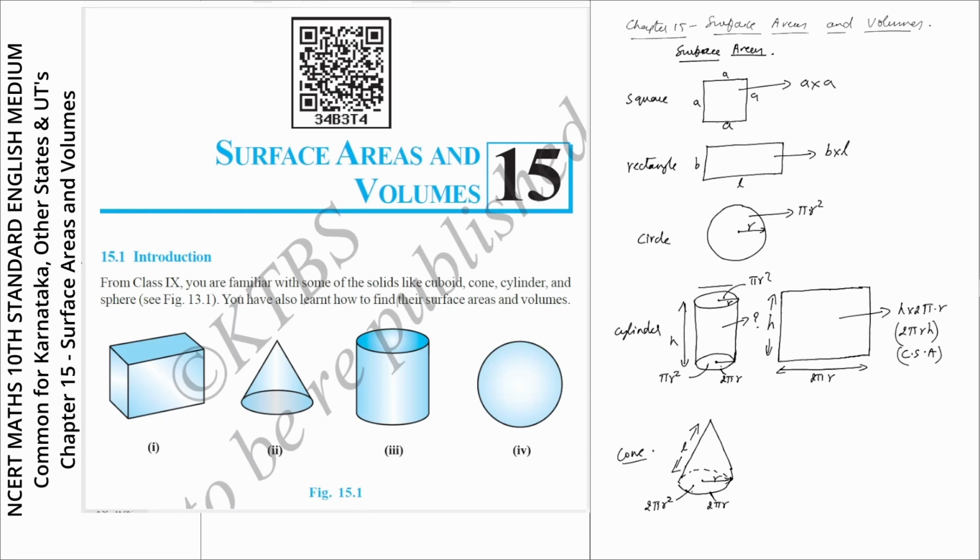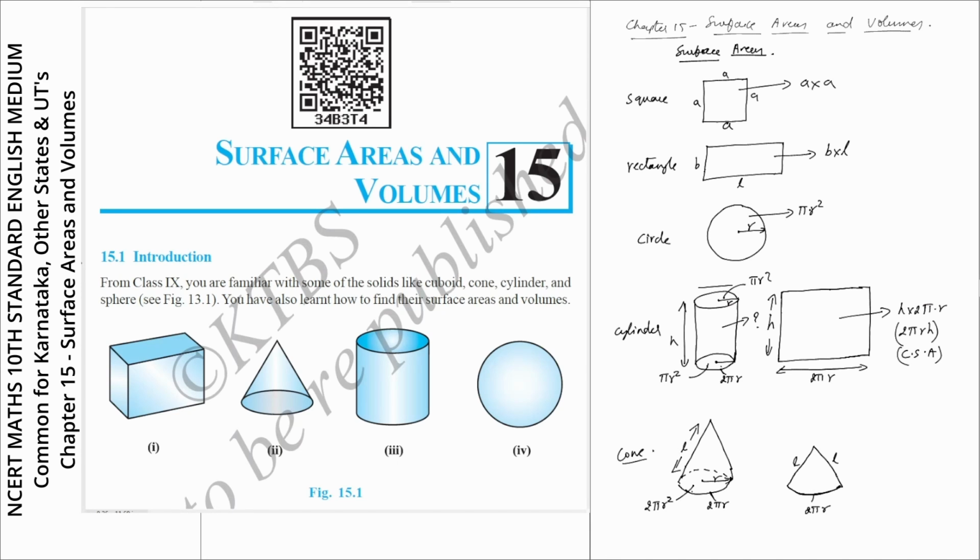Now if you remove the bottom and cut the cone vertically and spread it, you get a shape like this. Since the slant height is l, here it is l, and this length you will get as 2 pi r.